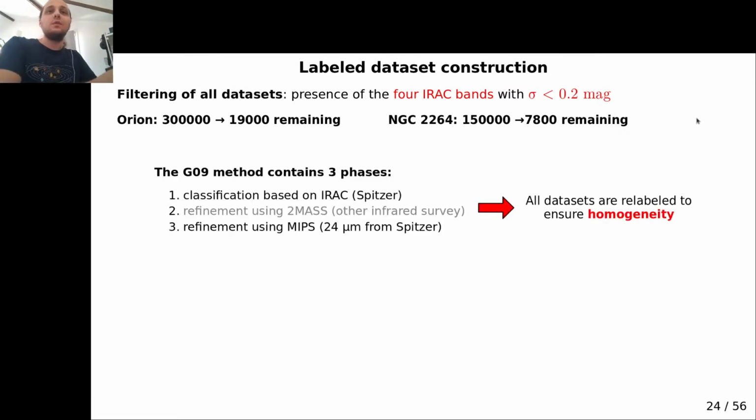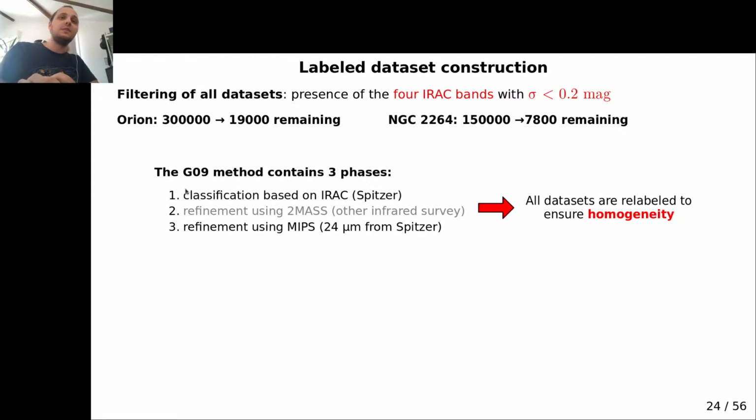And then to construct our training dataset, we use the original Gutermuth method, but we adapted it in order to solely use Spitzer. This is motivated by homogeneity of our classification, but I will not enter into the details here.